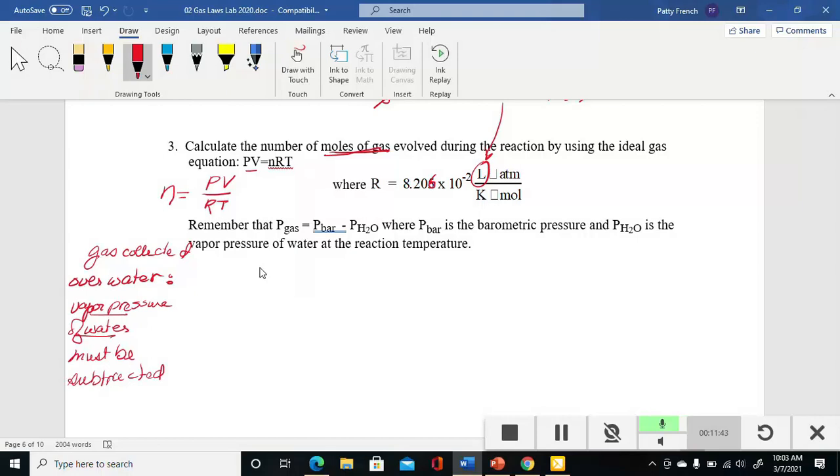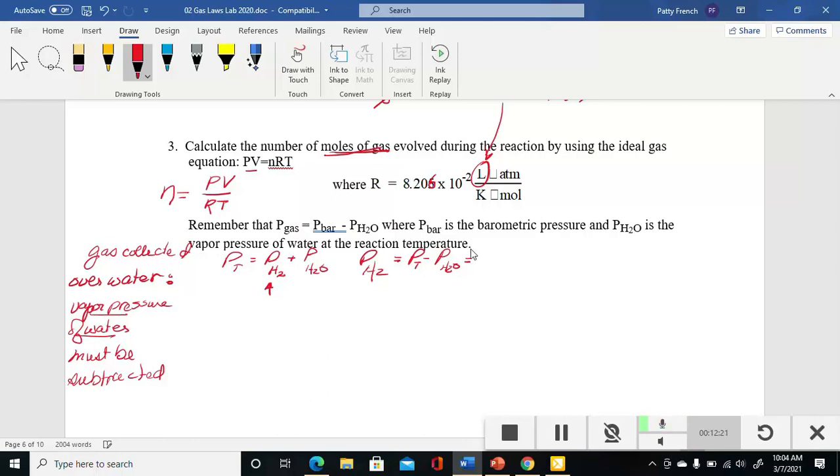So if we have our total pressure, remember P total is the sum of the partial pressures, and the partial pressures here are the partial pressure due to hydrogen gas, and that's the one we want, plus the vapor pressure of water. So when we solve for the pressure of hydrogen gas, it ends up being the total pressure, which is the barometric pressure, minus the vapor pressure of water.